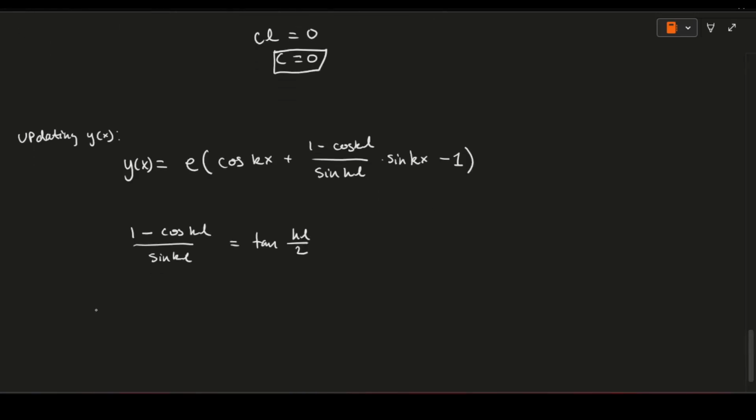Plugging that into y of x, we get y of x is equal to e times cosine kx plus tangent kl over 2 times sine kx minus 1.